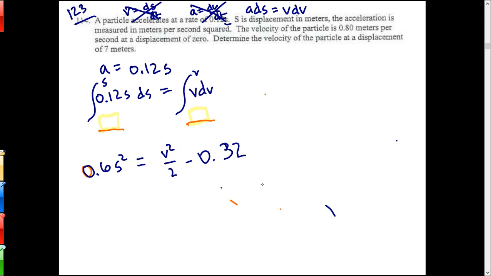You might work through it a little differently, but that's what I came up with. Then you just plug in the known, or the thing you're looking for. You're going to plug in s equals 7. When you do that, you can solve for v. It's 2.55.